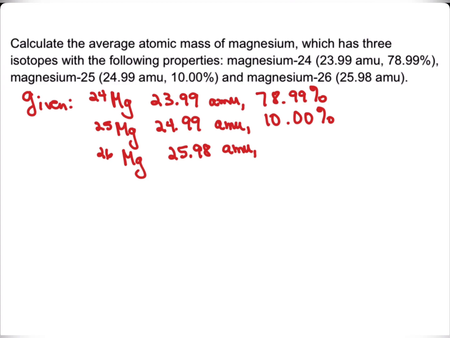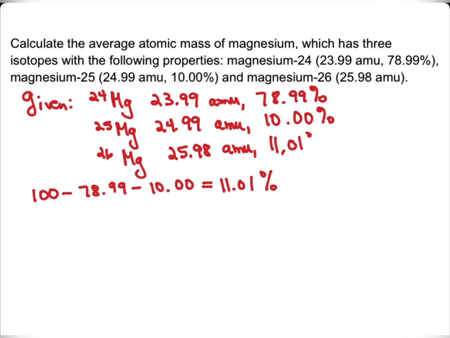So I can go ahead and try to calculate the percent abundance of magnesium 26. 100 minus 78.99 minus 10.00 equals 11.01%. So now I can report a percent abundance for the third isotope. Now I have everything I need.